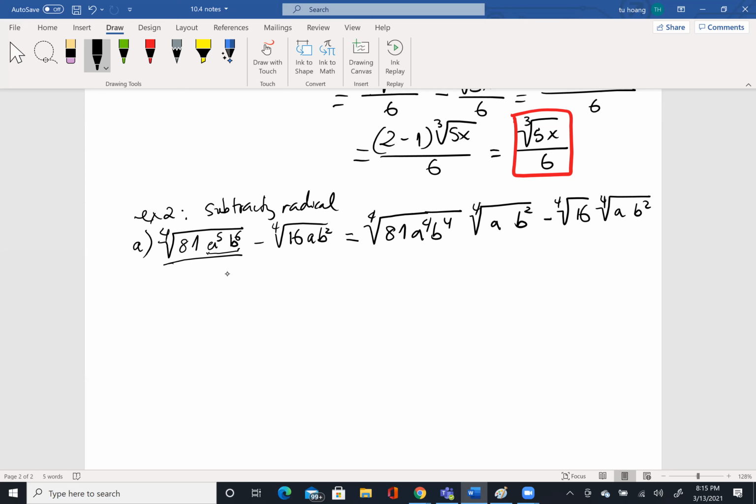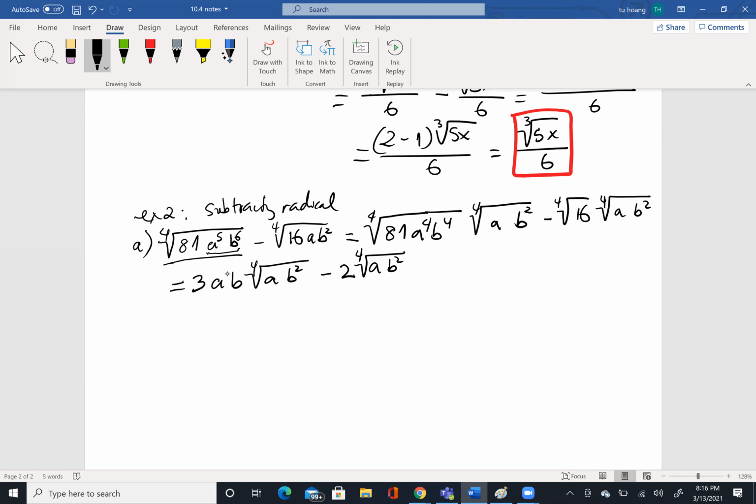Okay, so now the first term becomes 3. Remember, 4th root of 81 is 3 times a times b, multiplied by 4th root of a times b squared, and then minus 4th root of 16, which becomes 2, times 4th root of a times b squared.